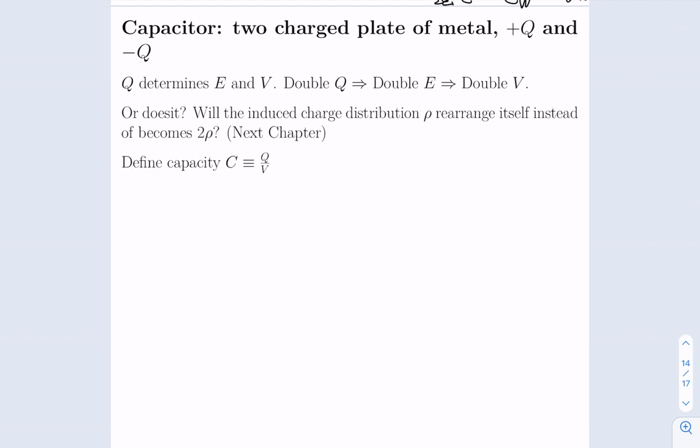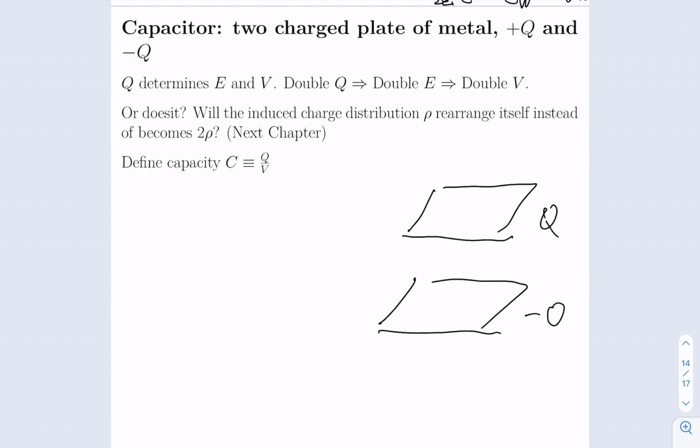A capacitor is really bringing two metals close together, and we charge one metal by Q and charge another metal by minus Q. So for an ideal parallel capacitor, there will be an E field only within these two surfaces, and for a general capacitor, if it's of finite size, then there might be fields leaking from the sides.